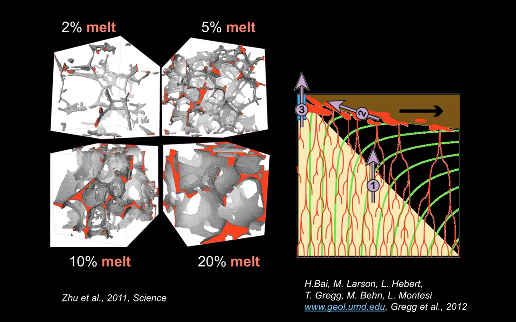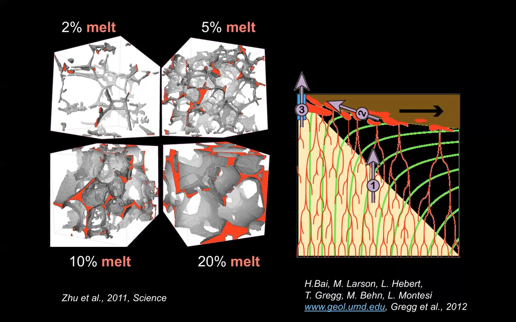And so a group at the University of Maryland, including Zhu, has taken three-dimensional images of rocks, kind of like a really sophisticated X-ray of these rocks. And here they've just taken anything that was crystalline material and been able to remove that.